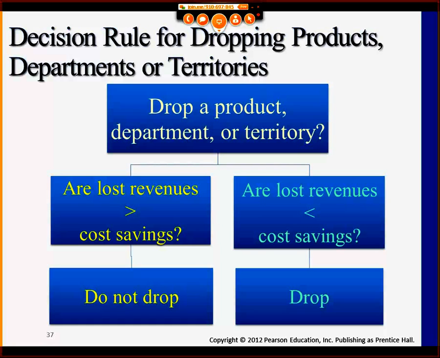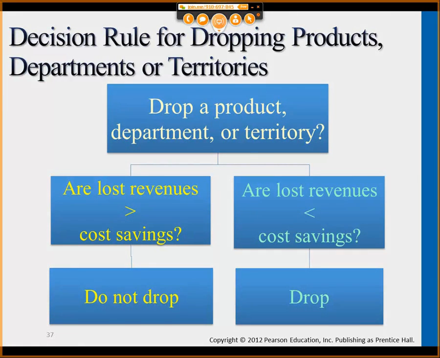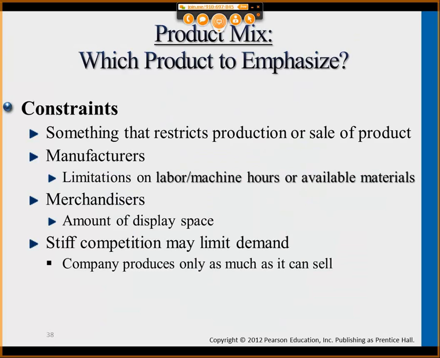So if we have a product mix, right? Sometimes we're just talking about the one product, one department, or territory, but sometimes we have a mix. So what do we do there? Companies do not have unlimited resources. So in the product mix, we have to figure out which product we need to emphasize. And we have some constraints here. One of them is when there is something that restricts production or sale of product. Another example, manufacturers.